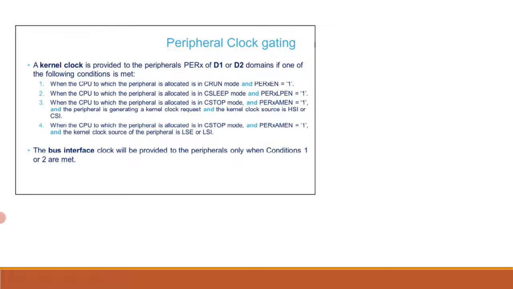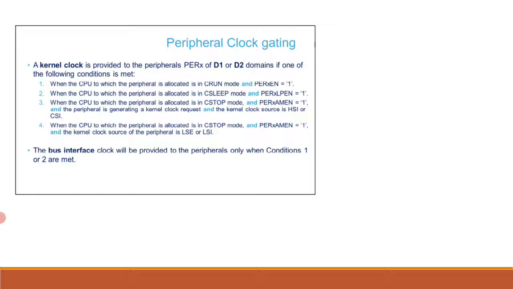When the CPU to which the peripheral is allocated is in C-stop mode and its LP enable bit is set to 1 and the peripheral is generating a kernel clock request and the kernel clock source is HSI or CSI. When the CPU to which the peripheral is allocated is in C-stop mode and its LP enable bit is set to 1 and the kernel clock source of the peripheral is LSE or LSI. The bus interface clock will be provided to the peripheral only when conditions 1 or 2 are met.